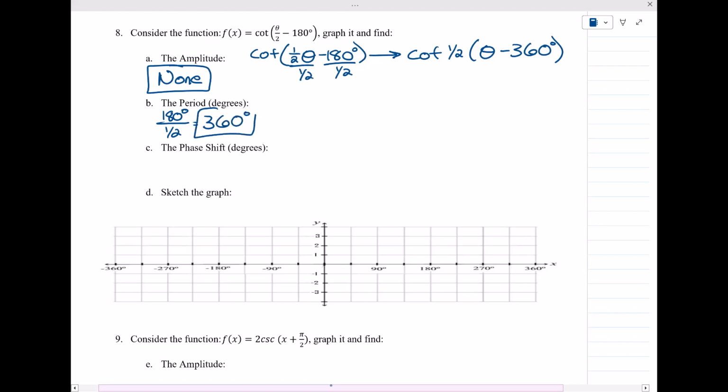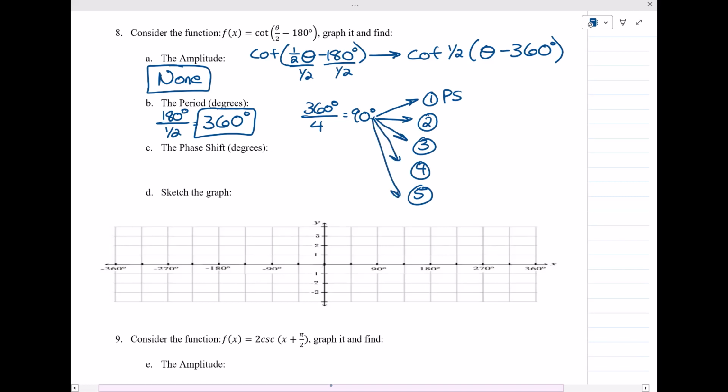Eventually, when we go to plot our points on the graph, what you want to do is take the period and divide by 4, which is 90. This is going to contribute to the 5 points that we get on the graph. All right, but we'll get there in a little bit.